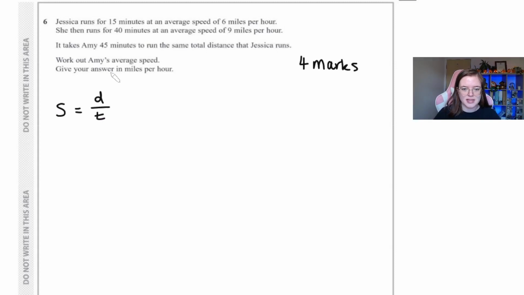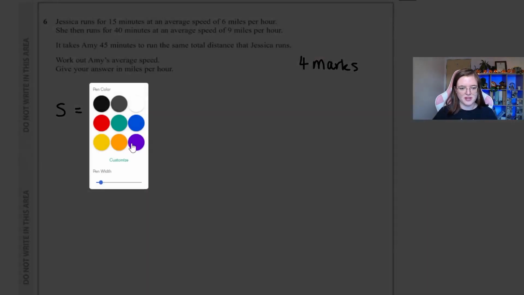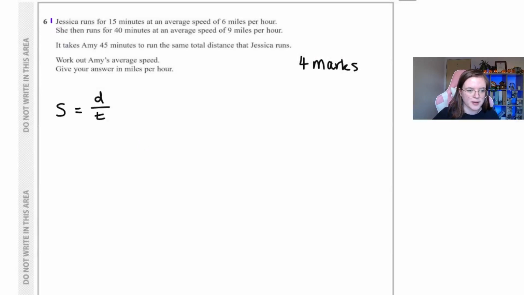So let's start with what we know first. Let's start with this top line up here. Actually, I'm going to star it in a different colour so we can decipher which part is which. So this top line I'm going to do in purple. Jessica runs for 15 minutes at an average speed of 6 miles per hour. So all our times have to be in hours. So speed is 6 miles per hour. Distance, we don't know.